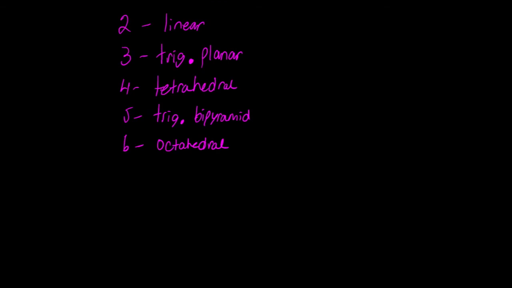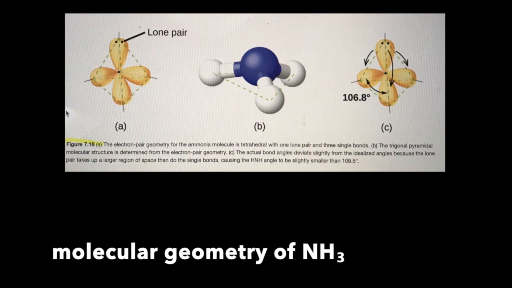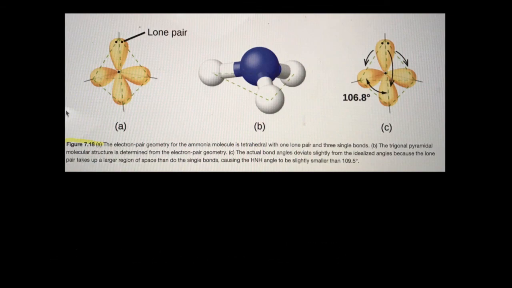Now, the electron pairs also count as a group that repels another thing. So we want to discuss what lone pairs do to molecular geometries. So lone pairs are a source of electron density that want to be away from other electrons in a molecule. So we want to look at the molecule NH3, okay?